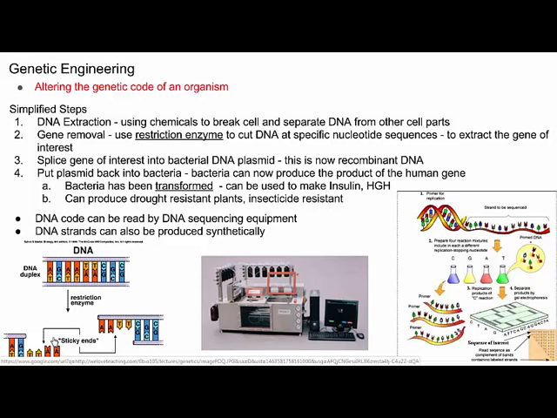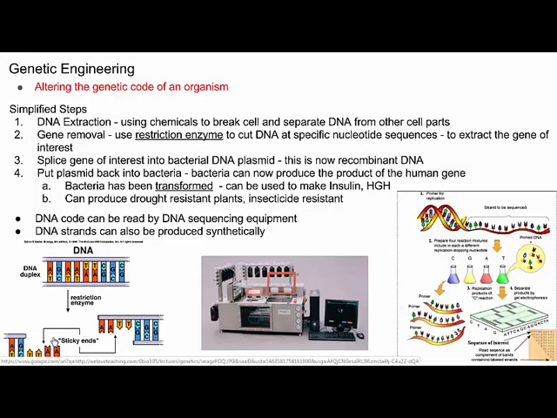And now you have this circular strand of DNA, but included is now the gene that you just pasted in there. In the case we're talking about, the gene for human insulin. You can then put that plasmid back into a bacteria. And now that bacteria is a transgenic organism. It has not only its own bacterial DNA, but it actually has a human gene in it, because that's what you put in there.